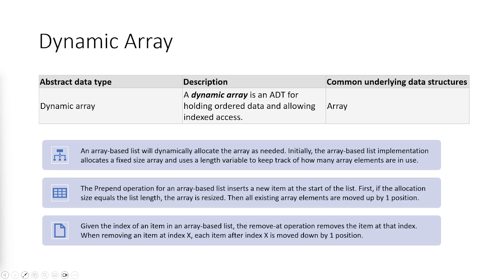Next up is the dynamic array. Similar to a list, it's used for holding ordered data and allowing indexed access starting at element 0. The difference between the dynamic array and an array, which by the way is the underlying data structure, is that with Python, you must create the array with a predefined size.